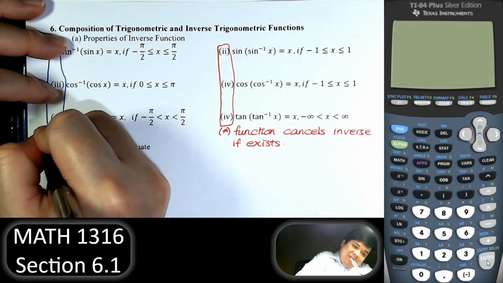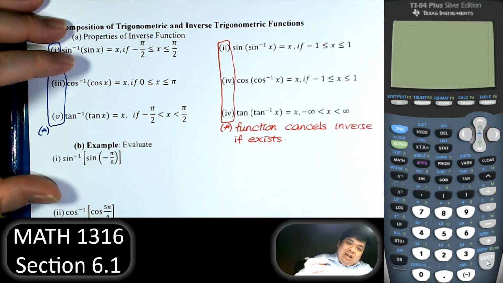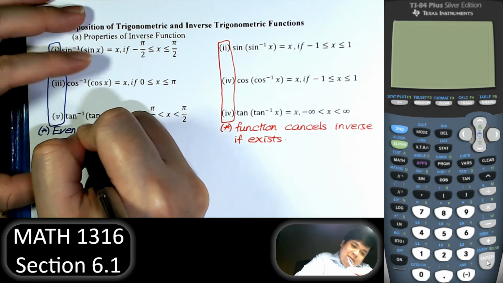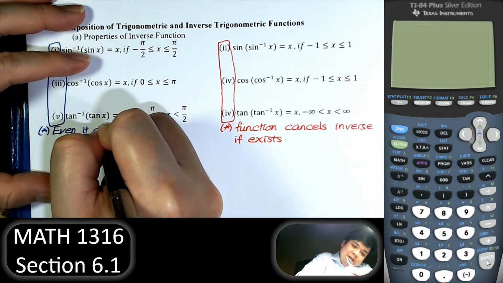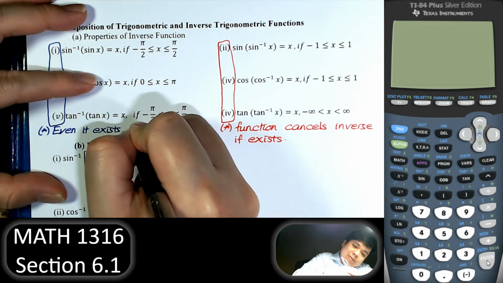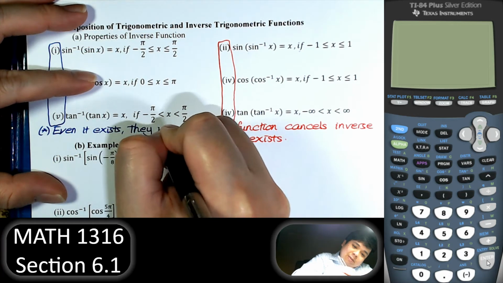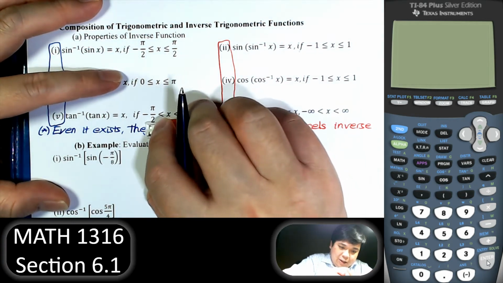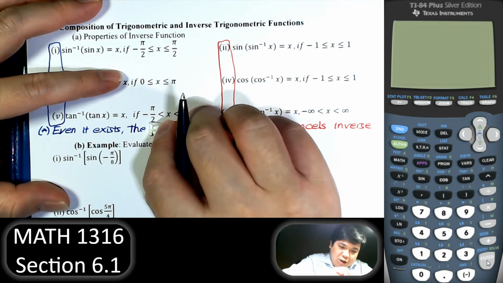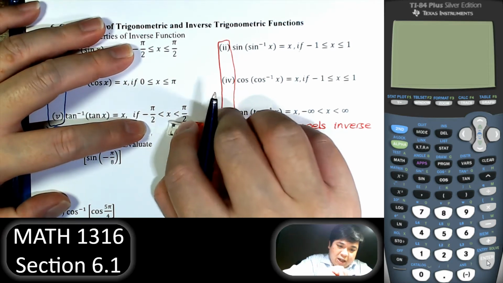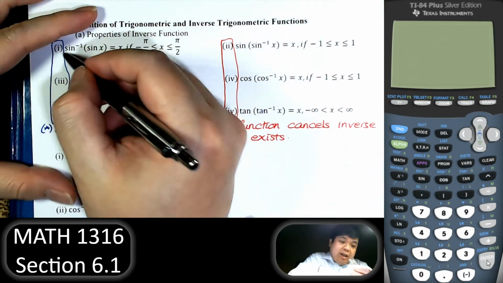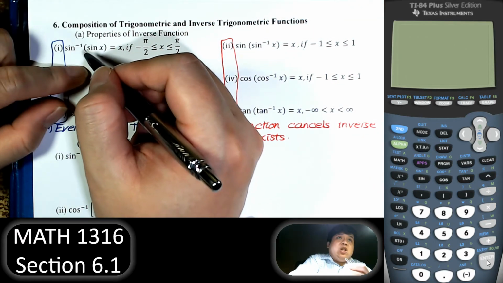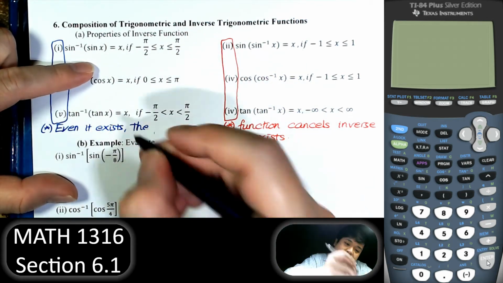So even if it exists, I should specify something more precise. What do I mean by that? Even if it exists, the inverse might not cancel the function.